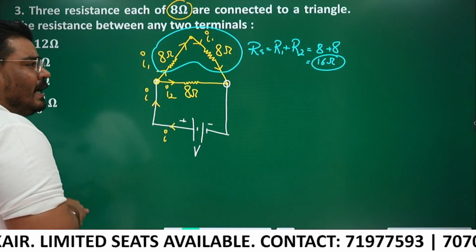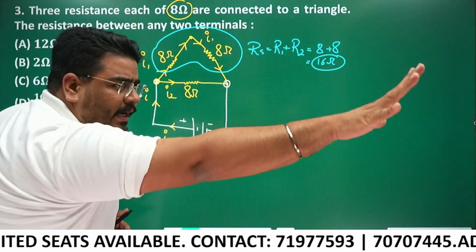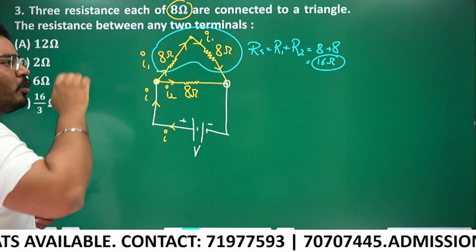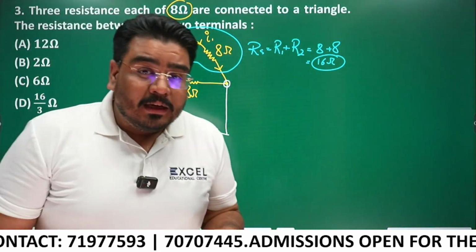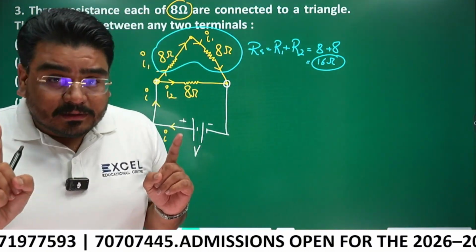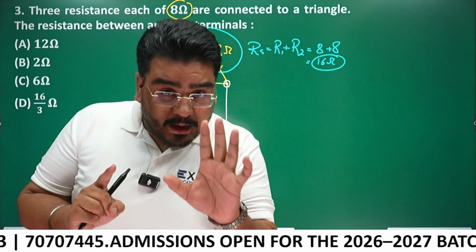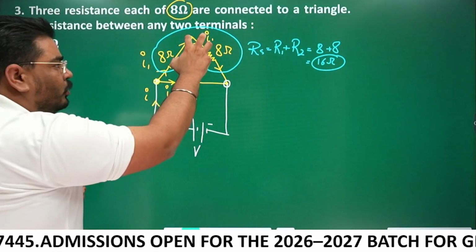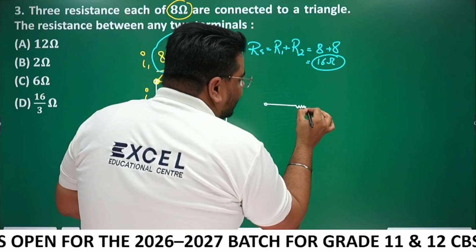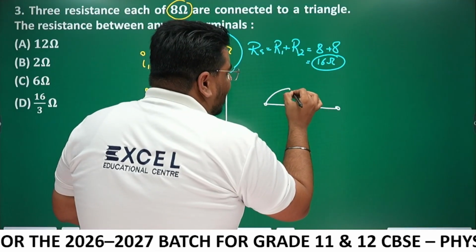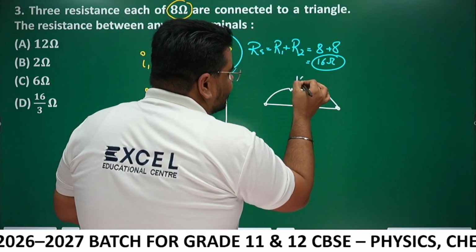So that means, sir, I can take this to remove it and add a 16 ohm resistor here. And if you do that, I always say this, redrawing the circuit is an art and you should be the artist. Make sure that when you remove the two resistors from a circuit, I should replace it with the equivalent resistance I got. So, sir, if I remove them, I will get 16 ohm.